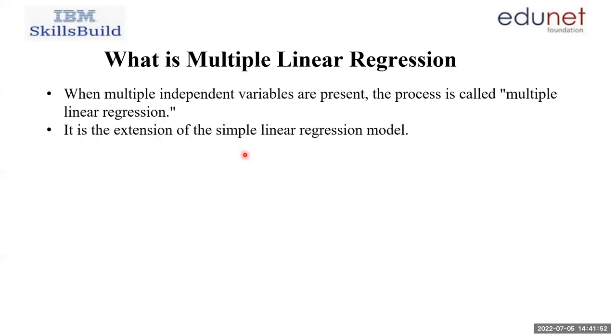What is multiple linear regression? As I have already explained, it is used when we have more than one feature to predict the value of y. We have covered predicting the salary of a person based on years of experience only.